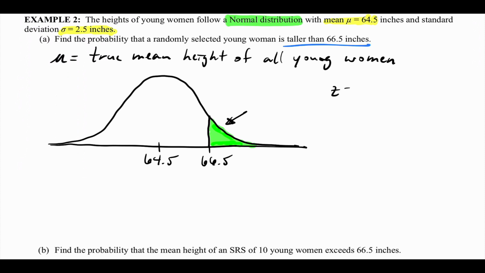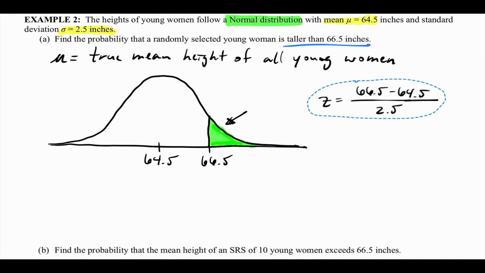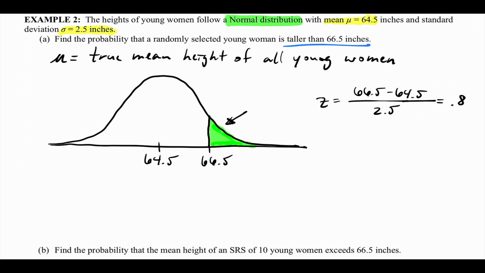Okay, so I've got to use a z-score. 66.5 minus 64.5, divided by 2.5. On top I get 2 divided by 2.5, 0.8. Perfect, 0.8.